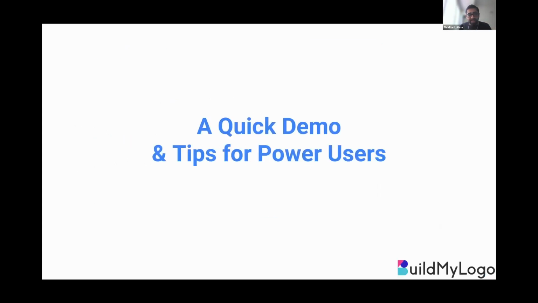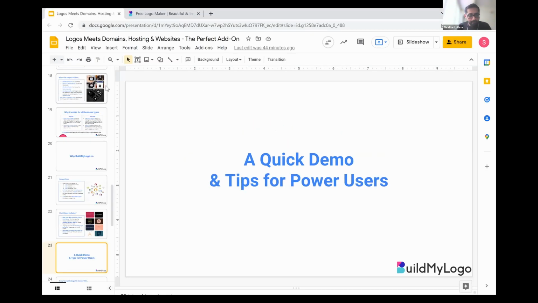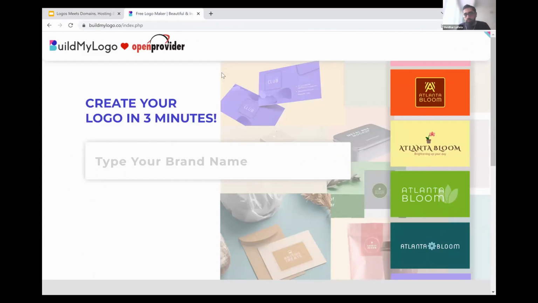So let me jump quickly into a demo. If you click on the link that's available within the Openprovider panel, you'll land on this page. Now, if you're somebody looking at buying multiple logos, you always have to start off with the first one.